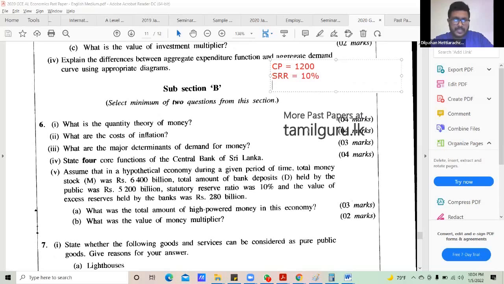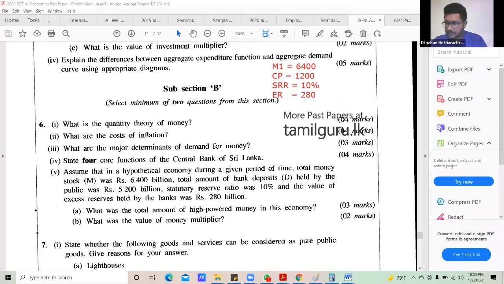And there is another piece of information: excess reserves 280. Right. Okay. This information is available. Another information I missed: M1 is 6,400. So M1 includes demand deposits of 5,200 also, right?